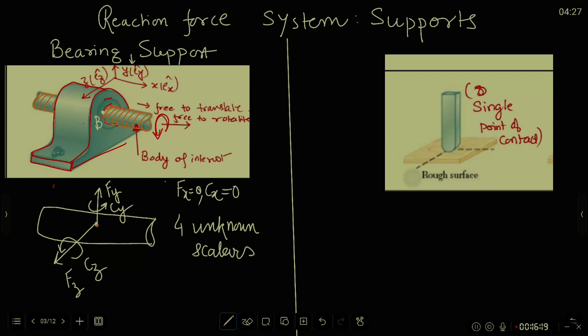We do draw sketches of various kinds of supports. But I want to tell you that if there is any confusion in your mind about what kind of resistive force and resistive torques the bearing can generate, you are free to ask the designer about it.